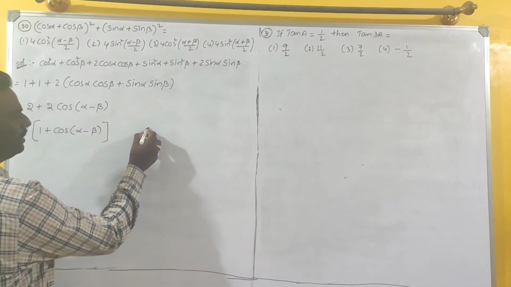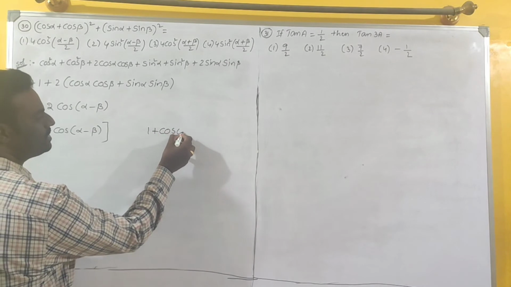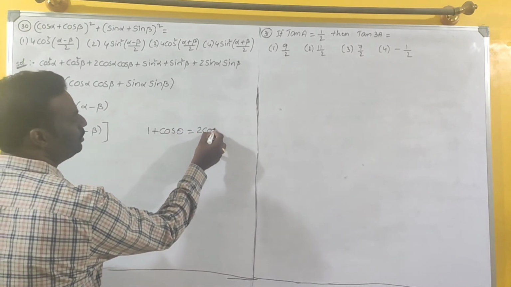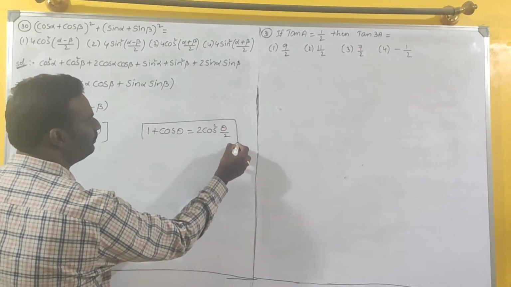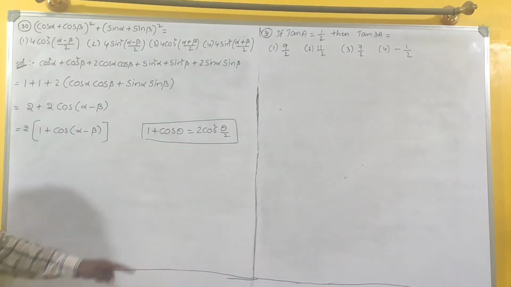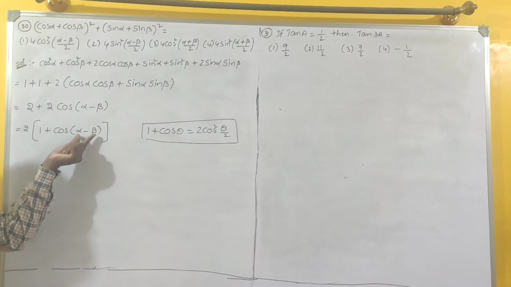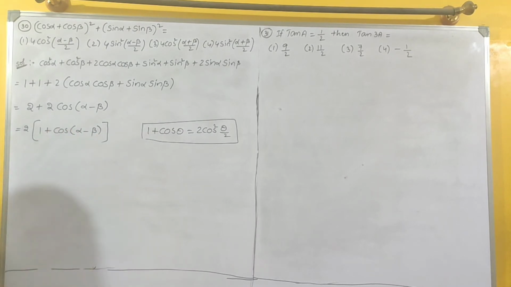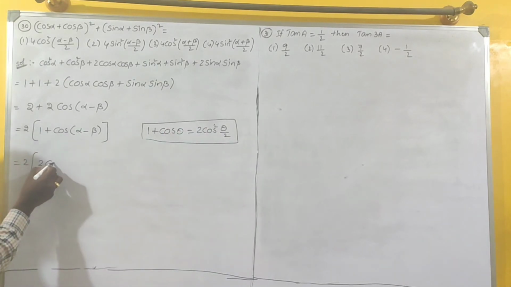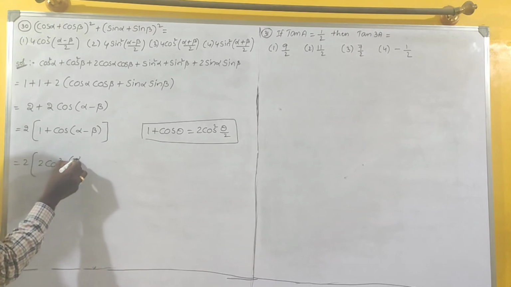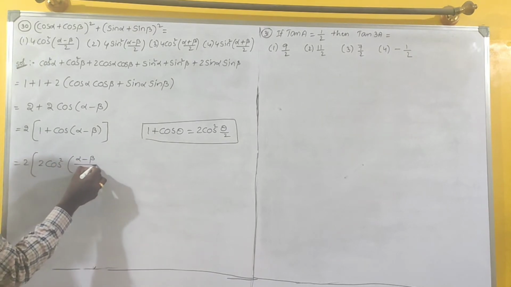But we have one formula: 1 plus cos theta is equal to 2 cos square theta by 2. In place of theta, what we have? Alpha minus beta. If you apply that formula, 1 plus cos theta can be written as 2 cos square theta by 2, means alpha minus beta by 2.